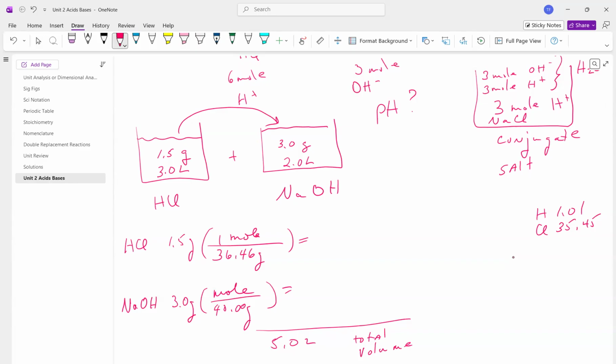So we need to calculate moles of H's, which is the same as moles of HCl.